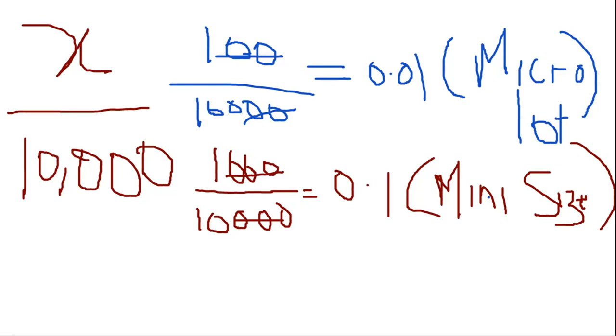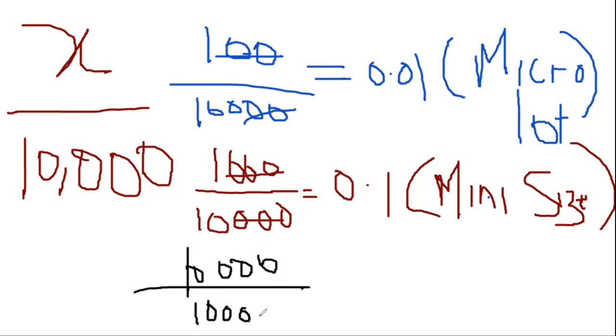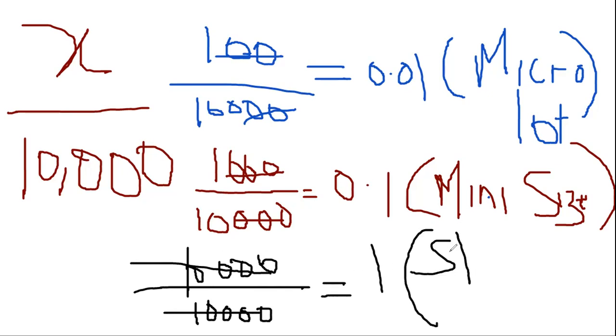Very simple maths. 10,000 divided by 10,000 is what? 1. So it means that Mr. Siphon has a standard lot size of 1.